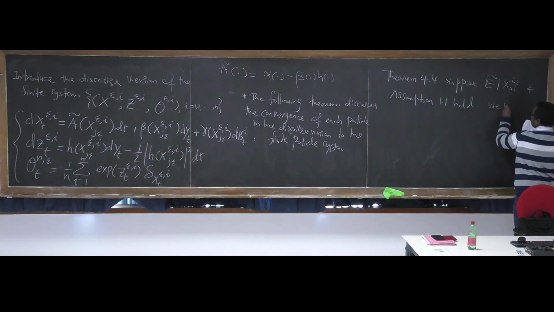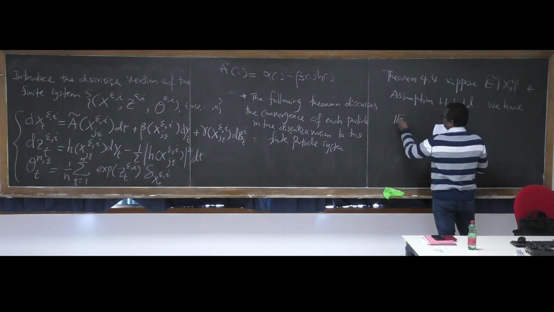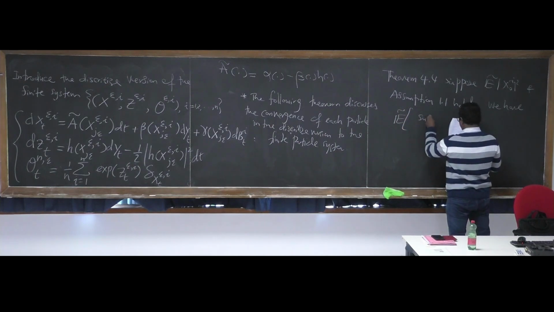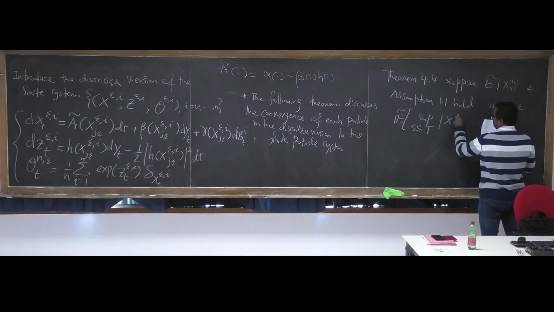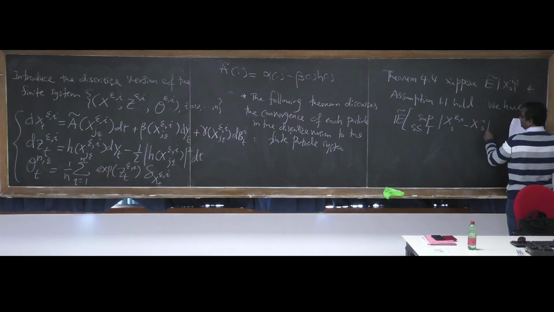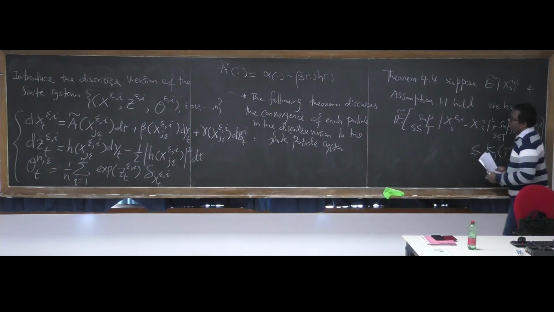We have the expectation of the supremum over s less or equal to some capital T of |X^{epsilon,i}_s minus X^i_s| squared, plus the supremum over s less or equal to T of |Z^{epsilon,i}_s minus Z^i_s| squared, less or equal to some constant K, which depends on capital T, times epsilon.